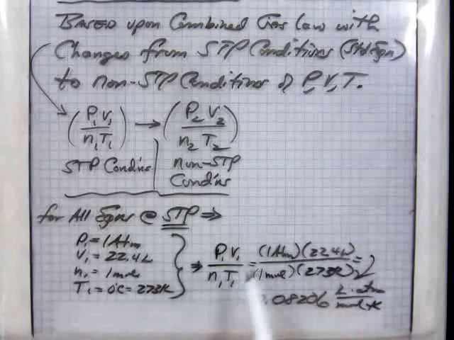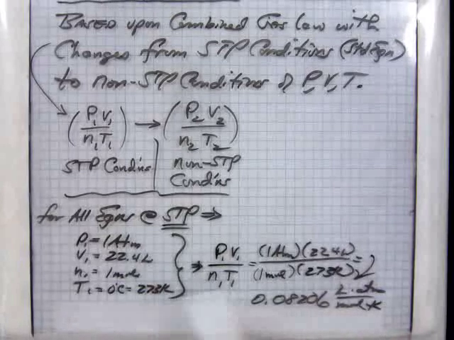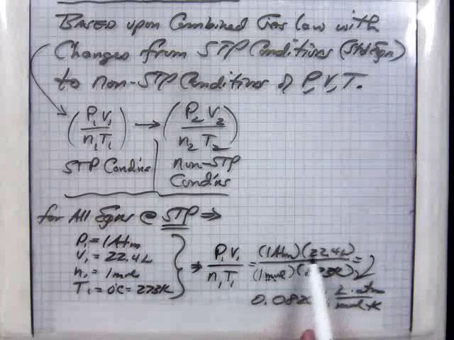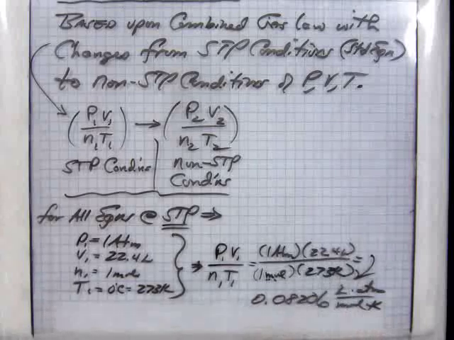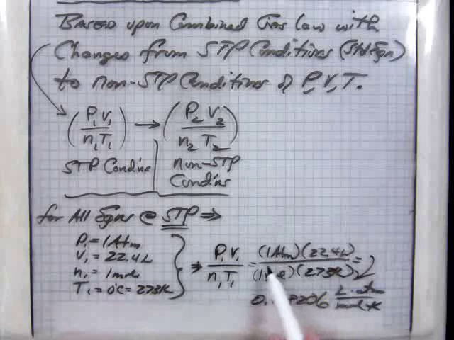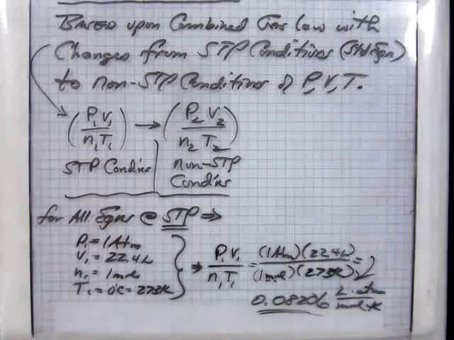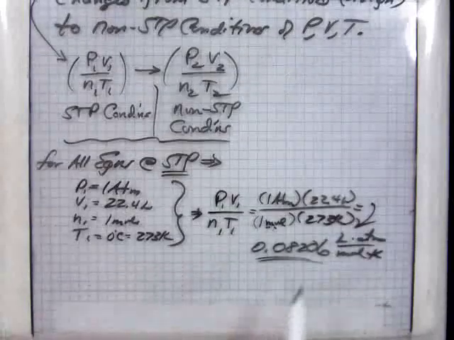Now, if you check, you can change the volume and moles, but if you cut the moles in half, you'd have to cut the volume in half, and you still get the same number. If I put 1 atmosphere, 11.2 liters, a half mole, and 273, I'd still get 0.08206. This is called the universal gas constant.